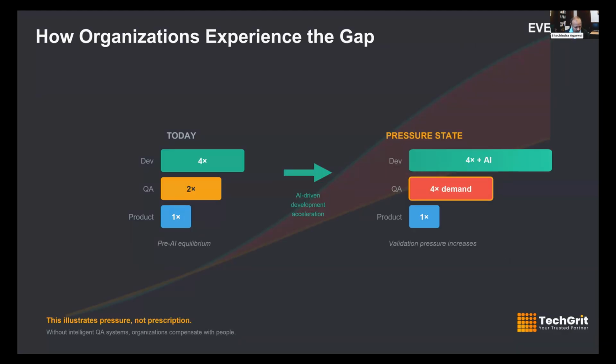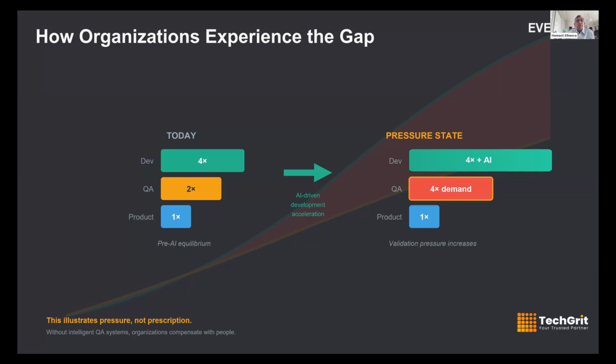So, this is again a very similar thing. The typical dev, QA, product person has this 4x, 2x to 1x ratio in a typical enterprise. What that 4x, 2x on the left side means, just to clarify for the audience, is a typical team of four developers, two QA, and one product owner, kind of a typical Scrum team.